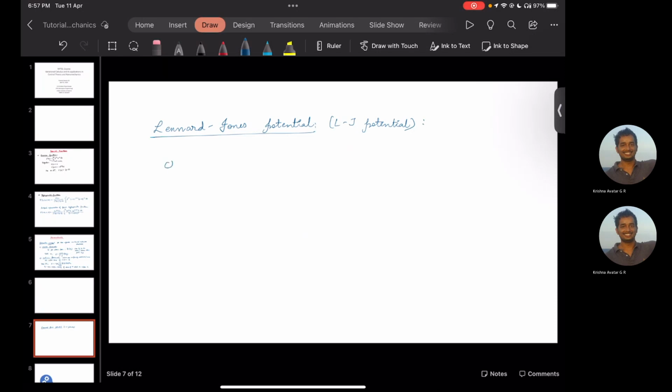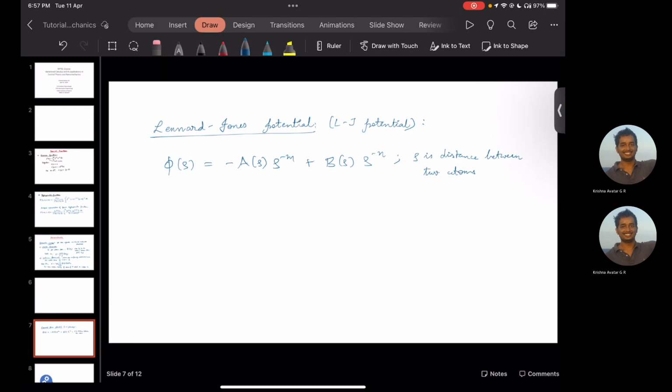Here we have phi of rho equal to minus A rho to the power minus m plus B rho to the power minus n, and rho is, as usual, the distance between two atoms.